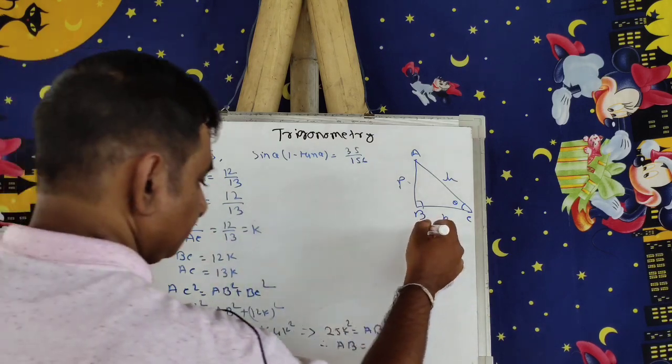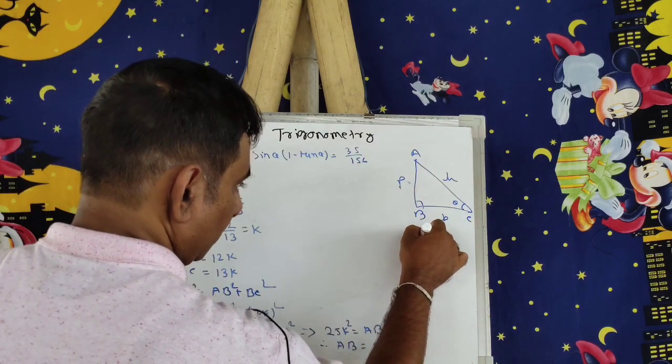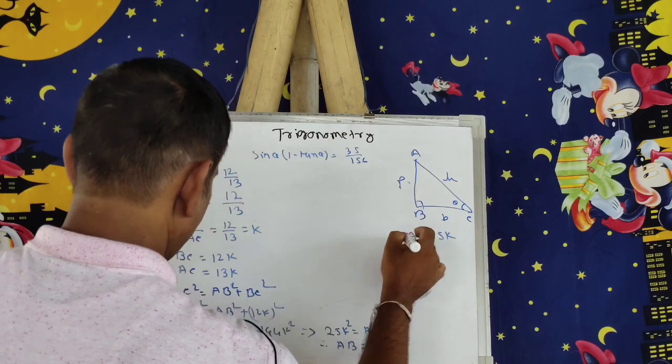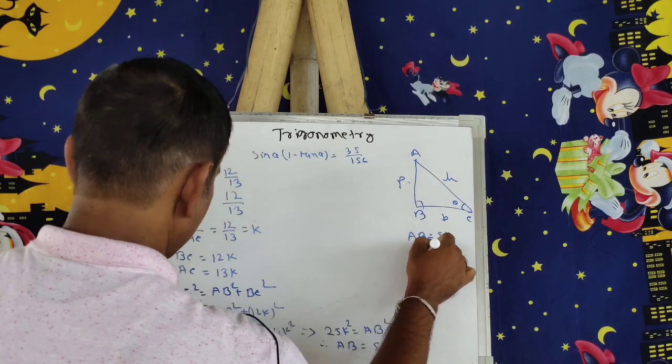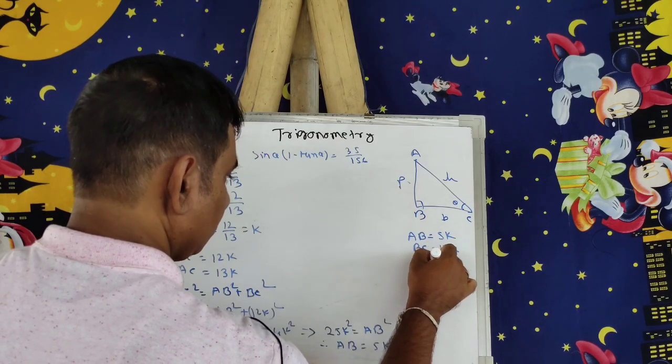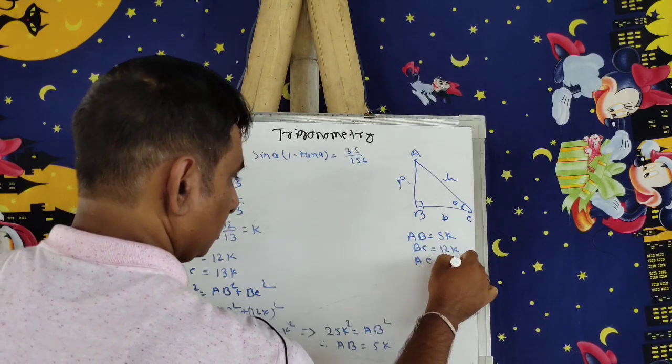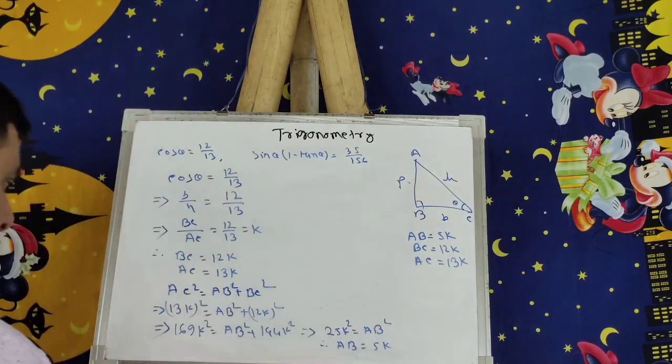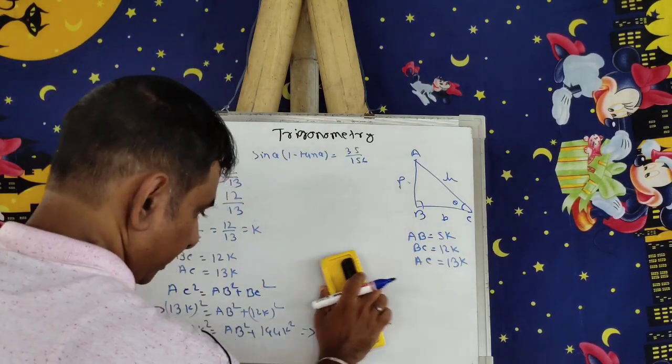Okay. So, AB equal to 5K, BC equal to 12K and AC equal to 13K. Okay, good one.